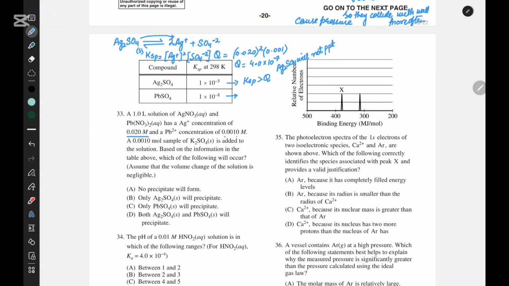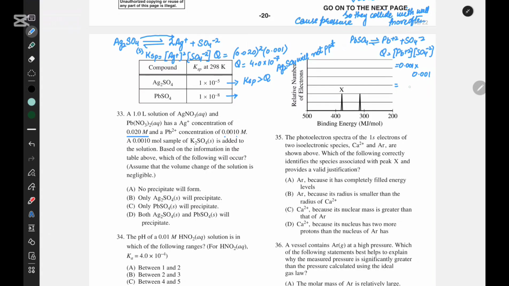For the next part, let's do the same activity for PbSO4. If I find the value of Q, PbSO4 forms Pb2+ plus sulfate 2-. So Q comes out to be [Pb2+][SO4 2-]. Pb2+ is how much? We have been given 0.001, and sulfate is 0.001 as well.